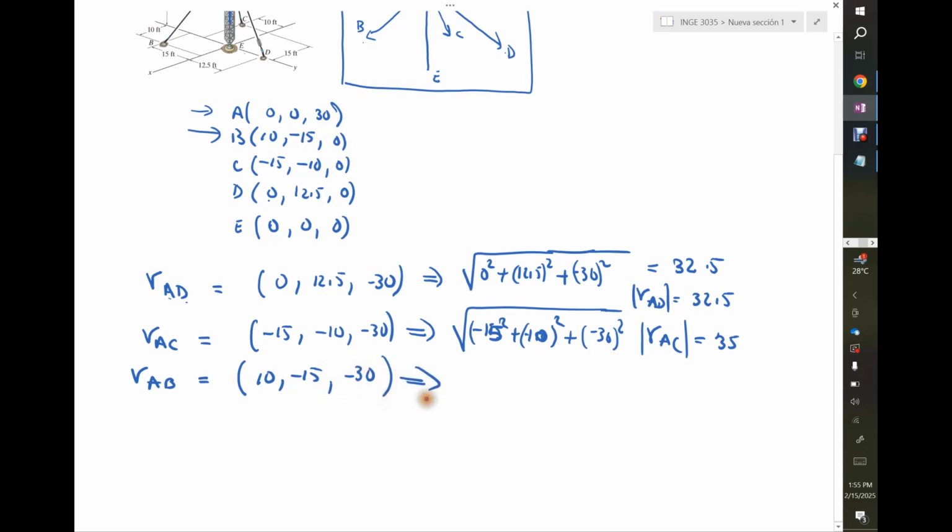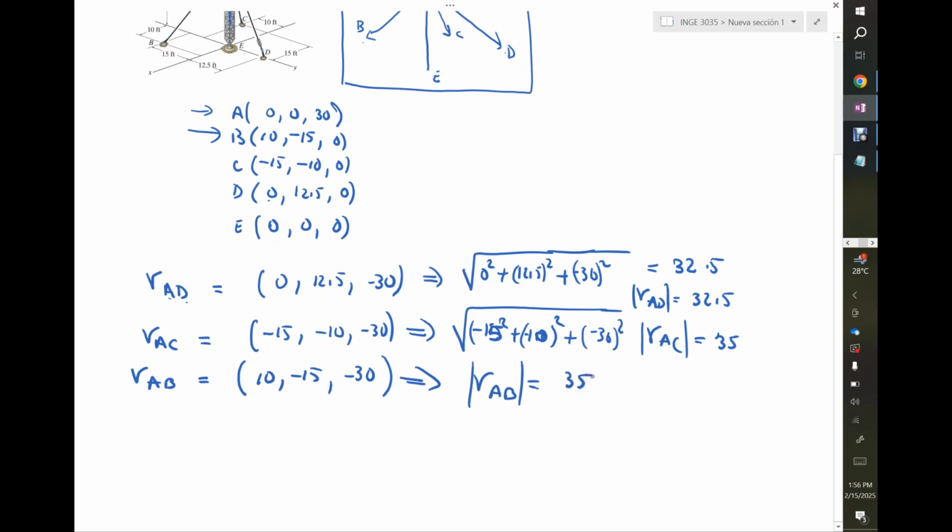And the magnitude here, you check this number and this number, they're the same except in a different position. But if we are talking about the magnitude, it's easy to figure out that the magnitude of that position vector is just going to be 35 as well.